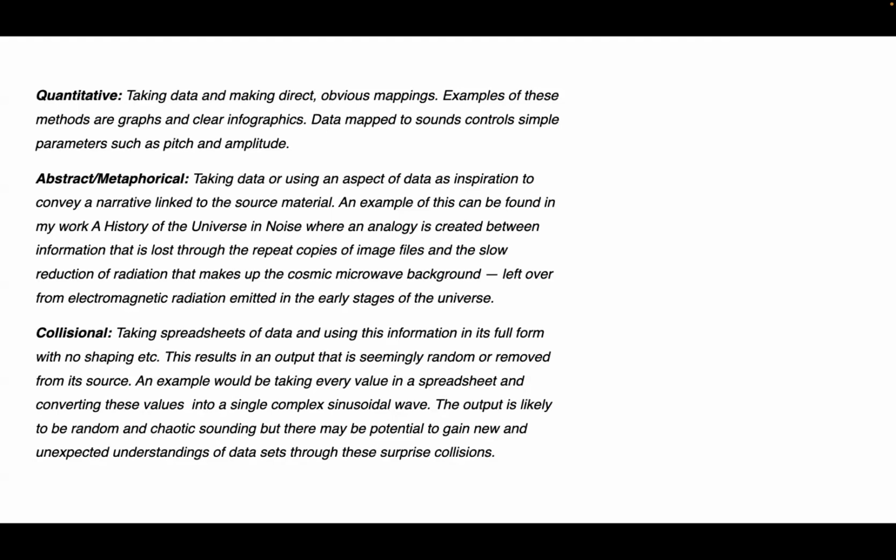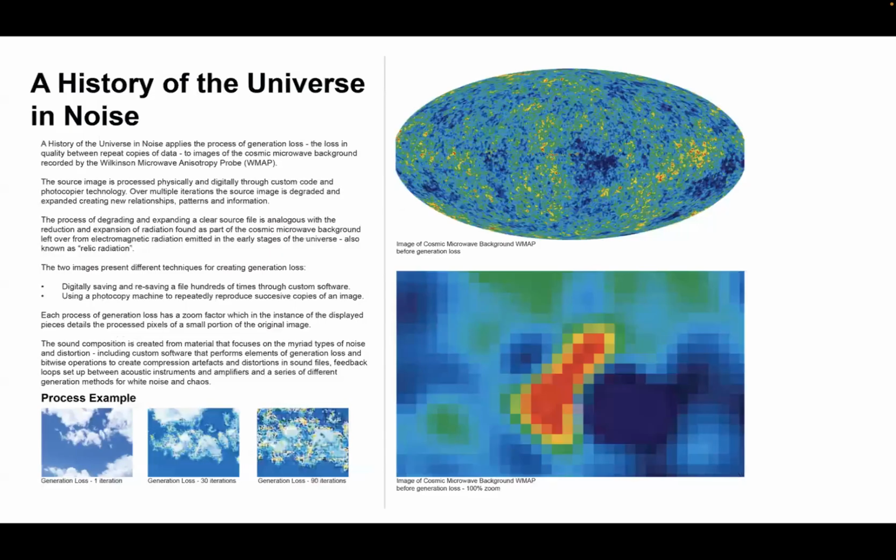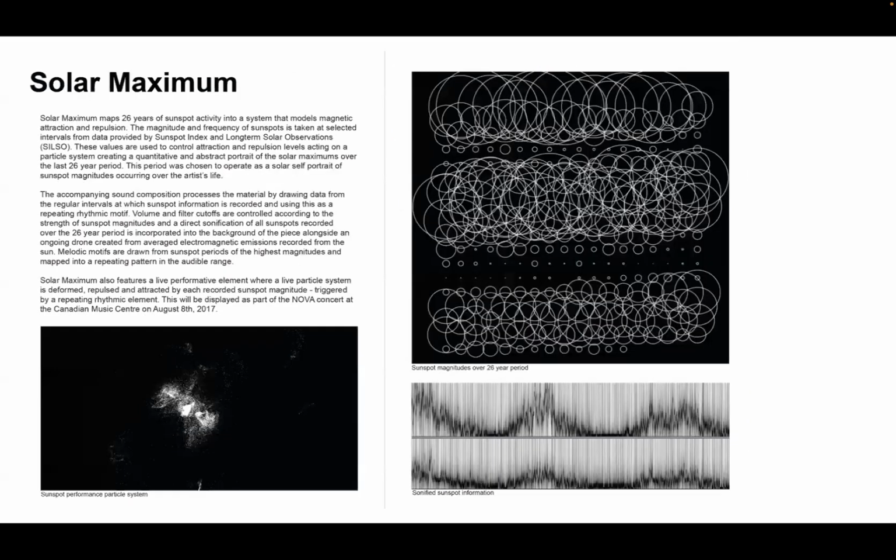So an example of that I tried to work on early on in that initial Turbulent Forms show was using a process called, I can't remember what it's called. If I go to this page, generation loss.